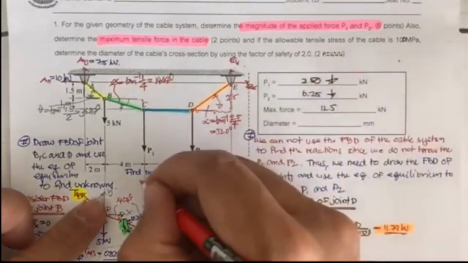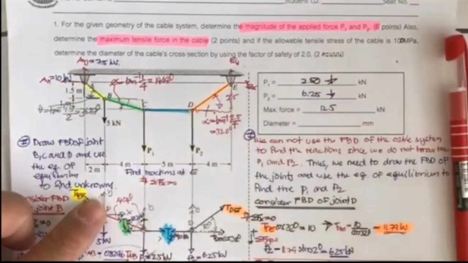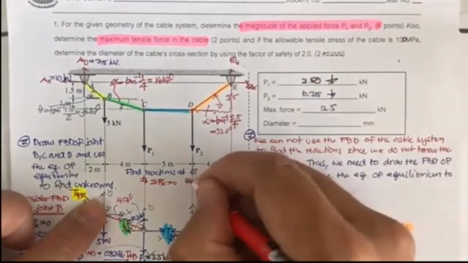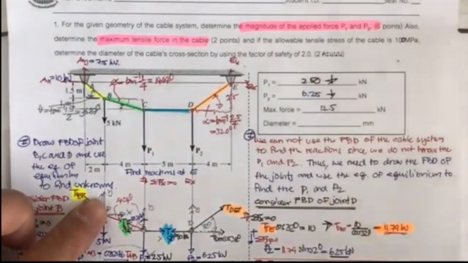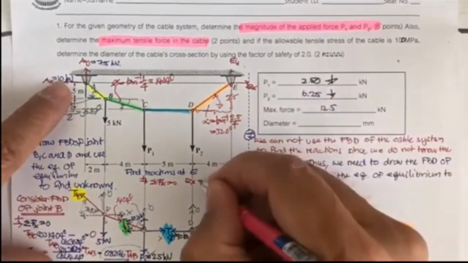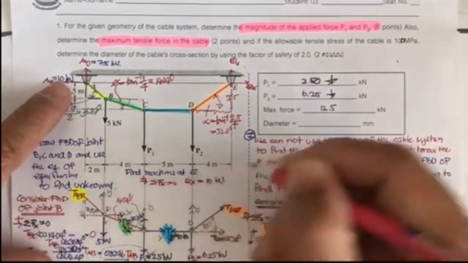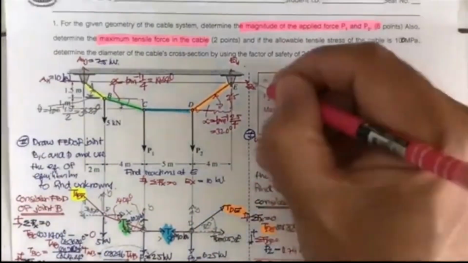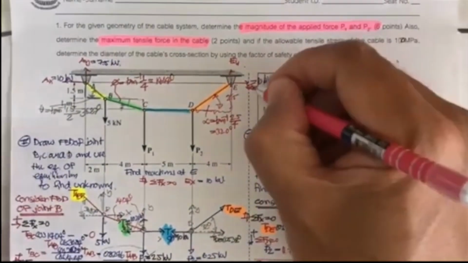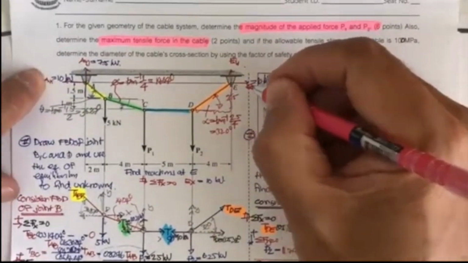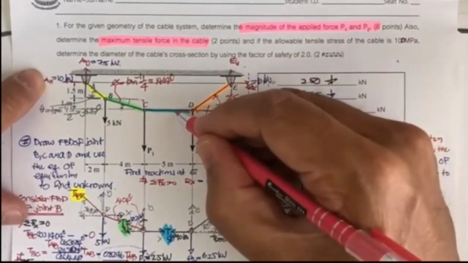This E sub x is positive, so E sub x is going to be equal to 10 kilonewton, which also equals T sub CD.